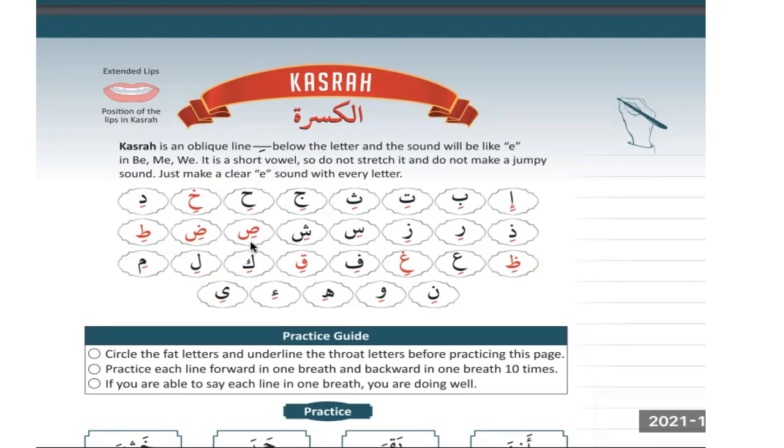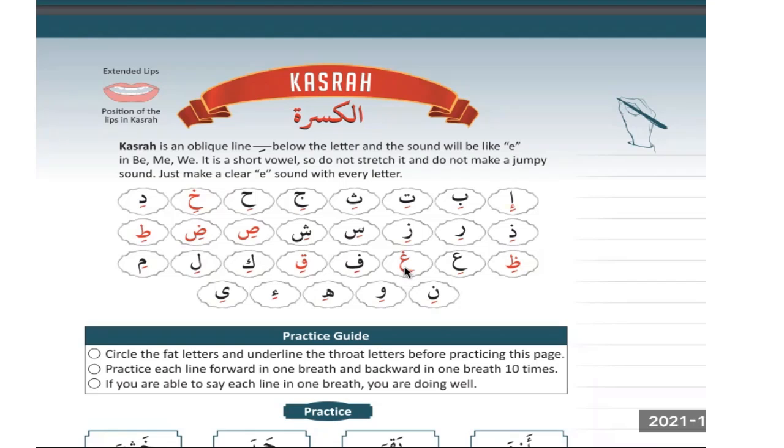Because we know these are the fat letters, but we will not say khoi, kha, kasra, khoi, sod, kasra, soi. No, this is wrong. Kha, kasra, khi, sod, kasra, si, dod, kasra, di, to, kasra, ti, zo, kasra, zi, ain, kasra, i, ghain, kasra, don't say ghi, no.